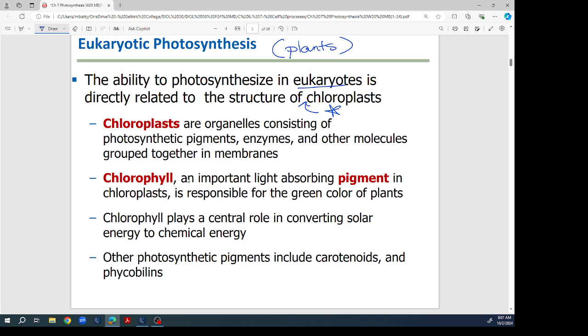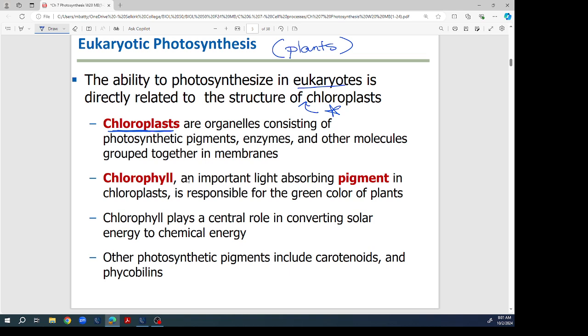So chloroplasts are organelles made of photosynthetic pigments, enzymes, and other molecules grouped together in membranes. We talked about chloroplasts back when we talked about the endosymbiotic hypothesis, in that they are kind of like early prokaryotic cells. And so we talked about them and mitochondria as contributing to that theory that explained the evolution of eukaryotic cells. So chloroplasts are a big deal.